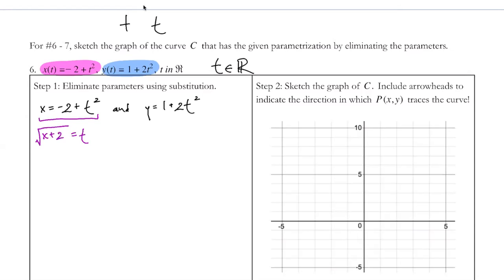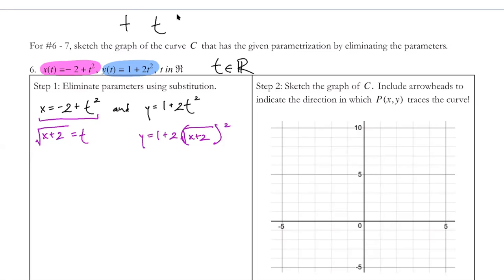And then I plug that into the other one, I get y equals 1 plus 2 times the square root of x plus 2, squared. I think that's what Richard and David and Natalia were saying. You solve for t, you plug it into the other one.